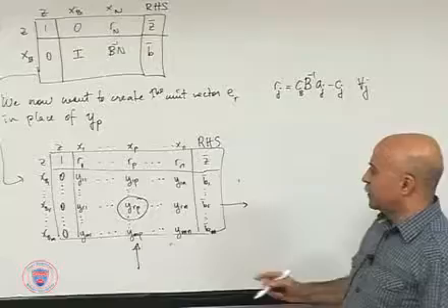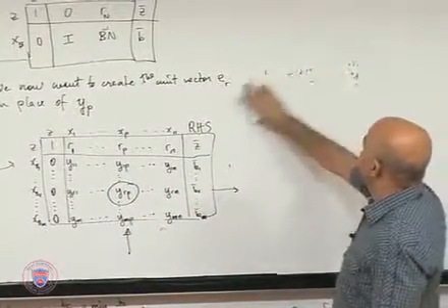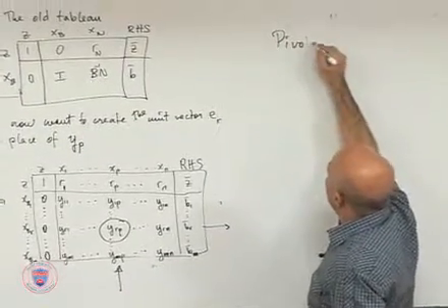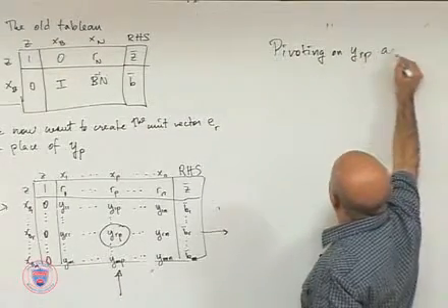How do you do that? You divide this. So let me write it here. Pivoting on YRP accomplishes this.